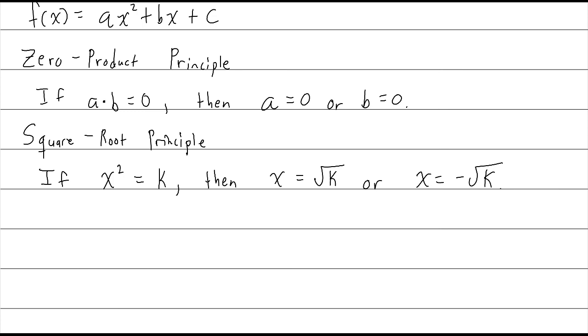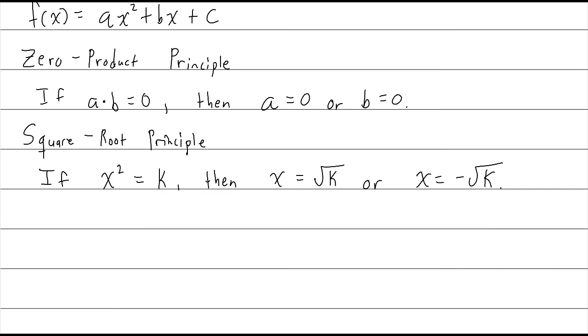Okay, we see that all the time, right? If you had x squared equals 4, well then x could be 2, right? Because 2 squared is 4. x could be negative 2, because negative 2 squared is 4. Okay, both of those are the square root of 4, and one's positive and one's negative. Okay, so that's called the square root principle.